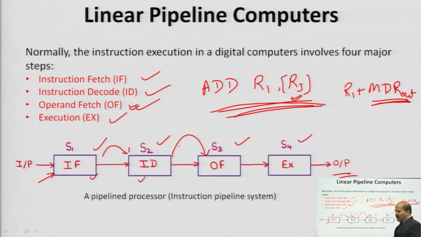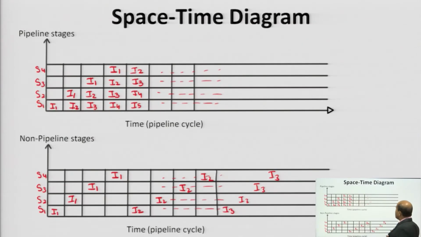So, let us see it in a time cycle diagram in detail. This example we can also understand in a time space diagram. Here you can see stage 1 is working on the first instruction. After finishing its task, the instruction is given as output to the input of the second stage, and now these two stages are working in parallel with a common clock cycle, tau. After doing its task, the instruction is given to the next stage.